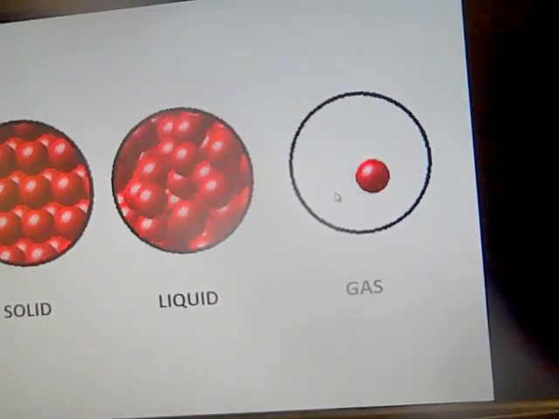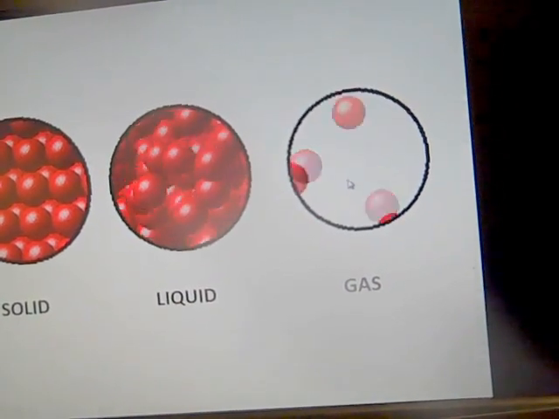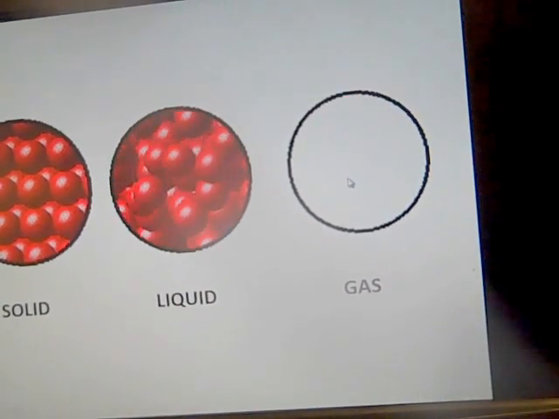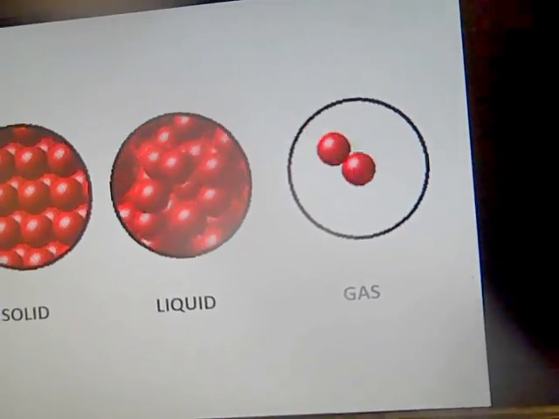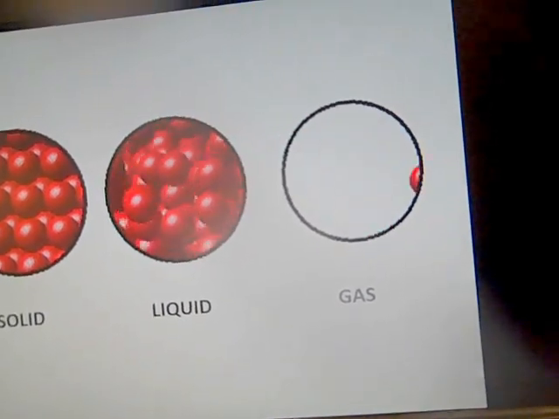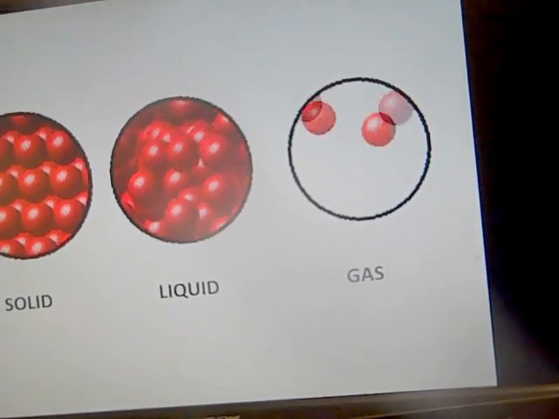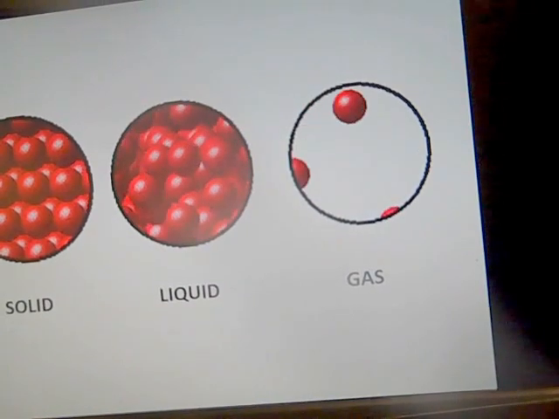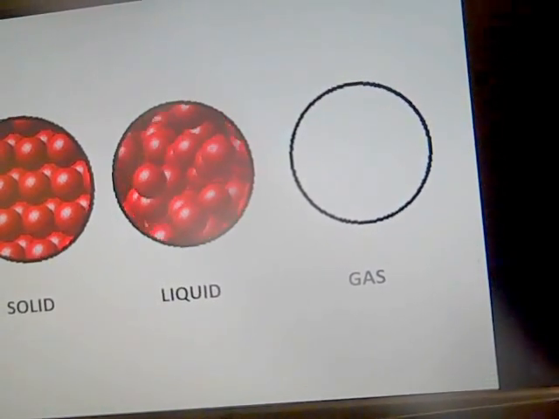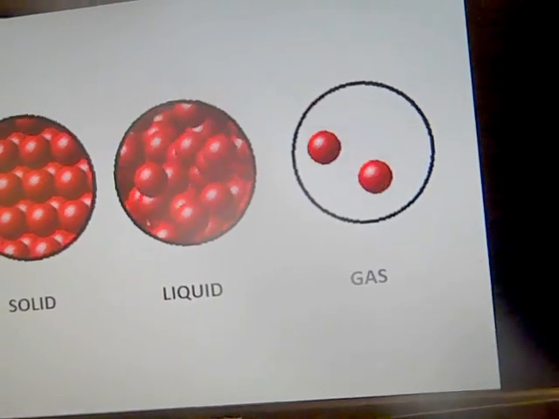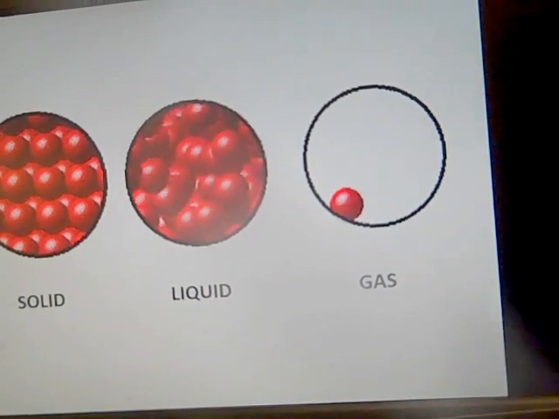The motion of the molecules has a direct relationship with the temperature. The greater the kinetic energy, the greater the temperature. But you can see that there's also an effect with pressure and volume as well. Pressure is a unit of measurement of force per unit area, and the volume is basically a result of the pressure that's being pushed out.